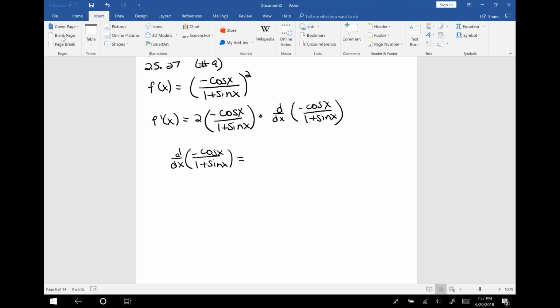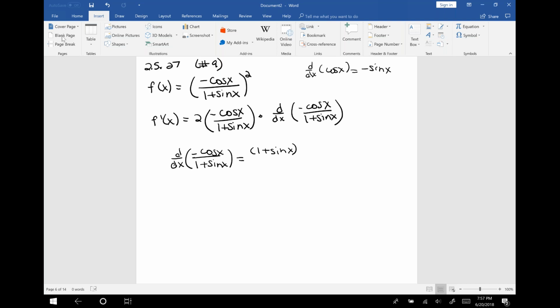All right, so just like before, using that quotient rule, the quotient rule says we take the bottom function and just copy it. So 1 plus the sine of x times the derivative of the top. So remember the derivative of cosine, so d dx of cosine of x is minus sine of x. So that's from the last section.